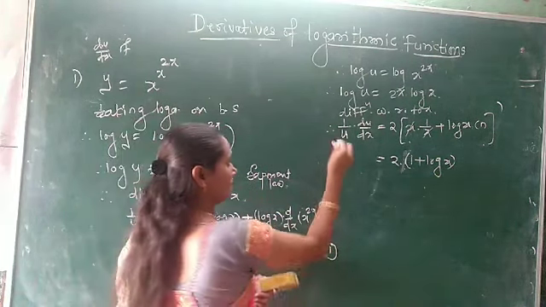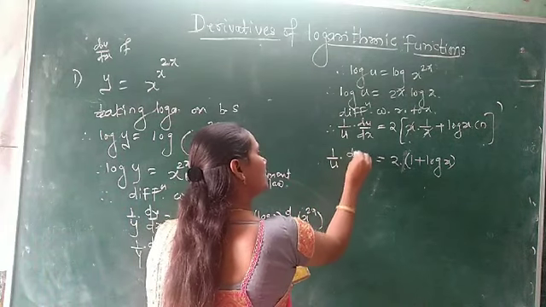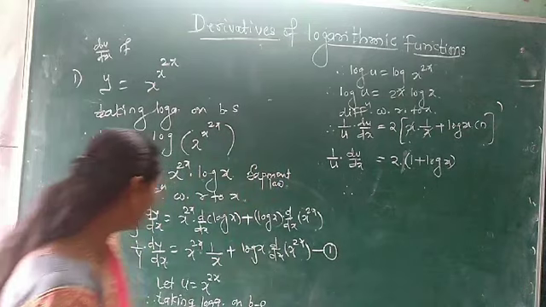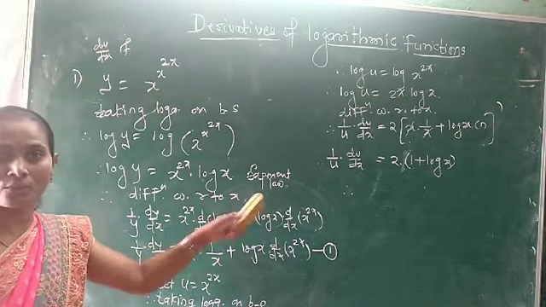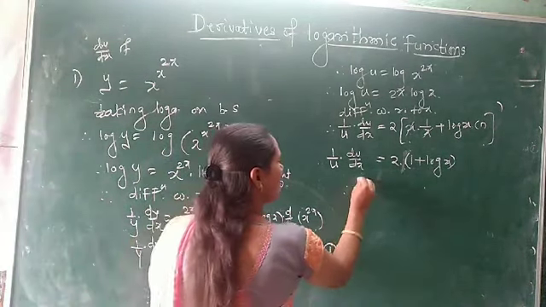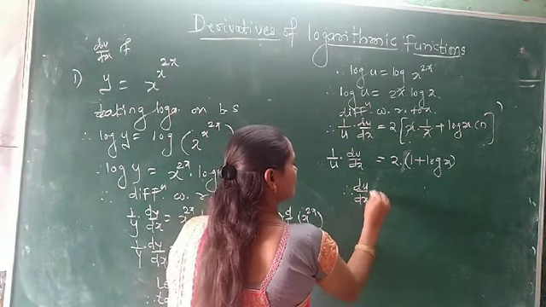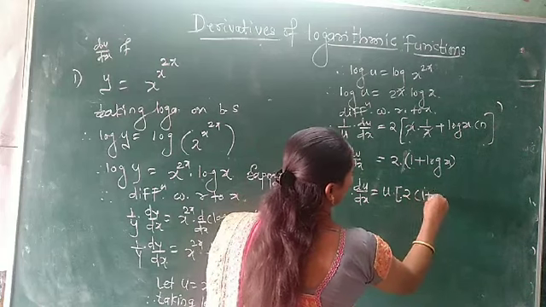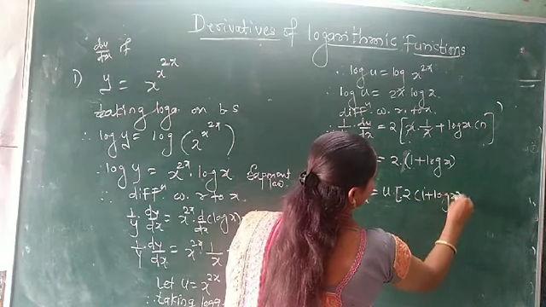That is 1 upon u into du upon dx. So again we have to find only du upon dx, not this 1 upon u into du by dx. So du upon dx is equal to u into 2 into 1 plus log x.